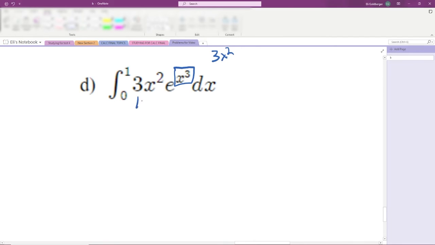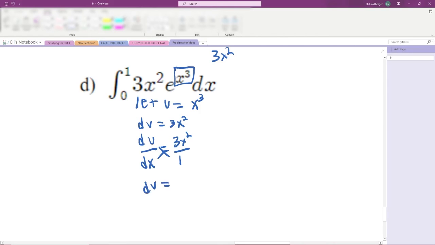So let's do that. Let u equal x cubed. So du equals 3x squared. We don't have to do this part, but it's just nice to visually represent. And then cross multiply.